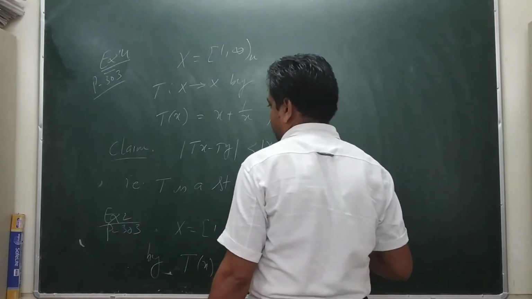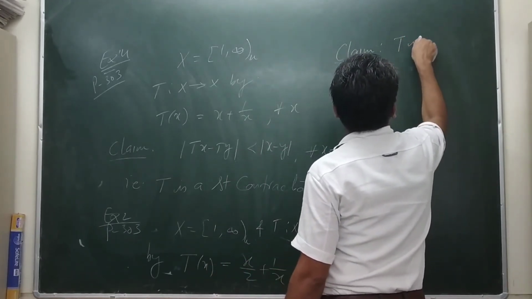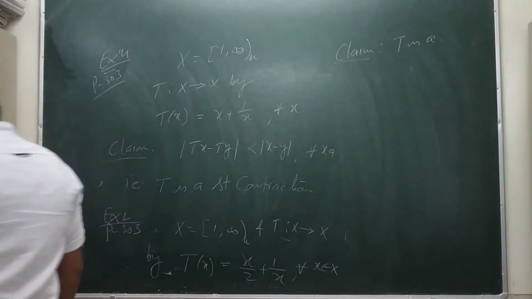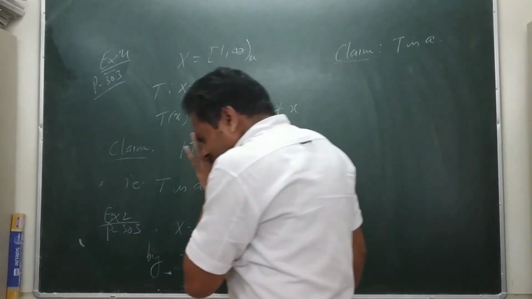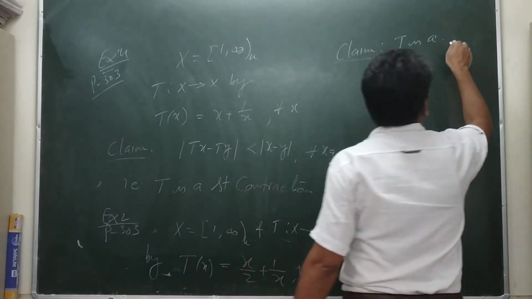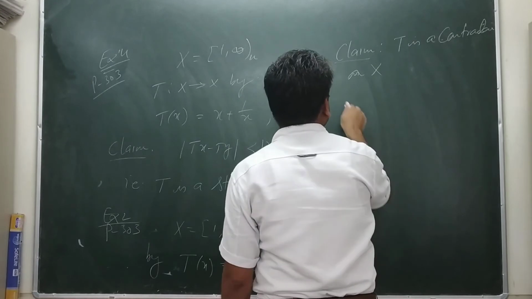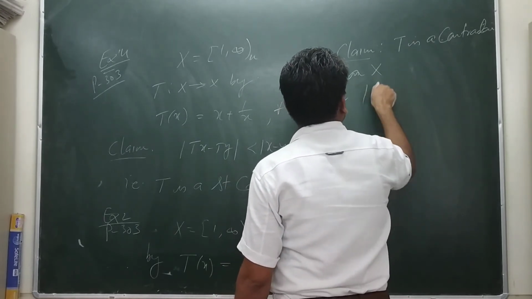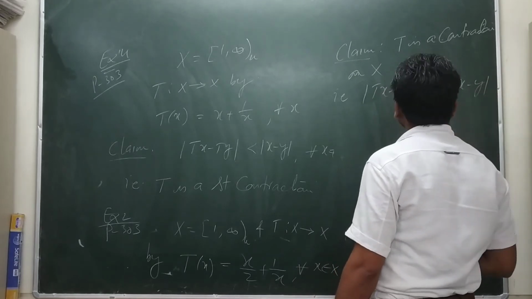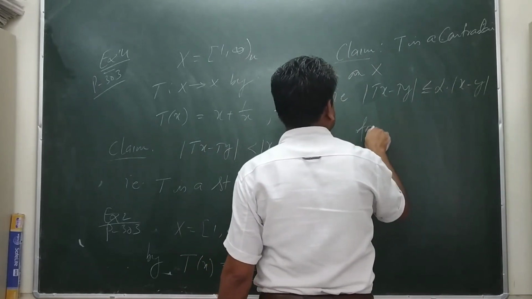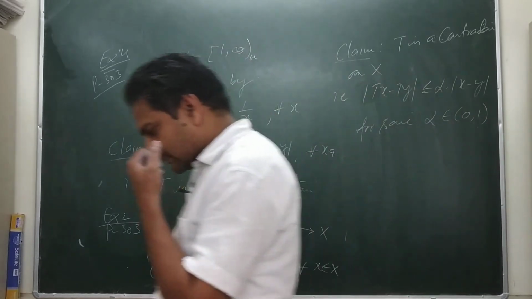So the claim is that T is a contraction of X, that is, |Tx minus Ty| is less than or equal to alpha times |x minus y| for some alpha in the open interval 0 to 1.